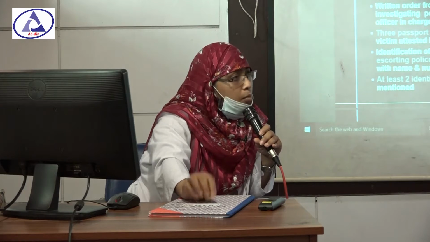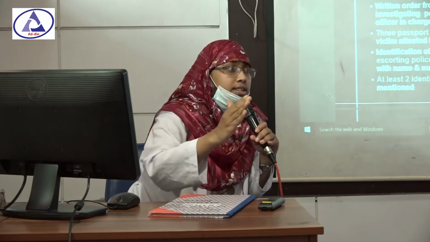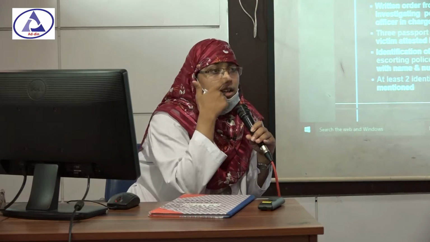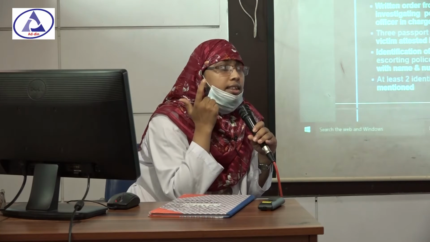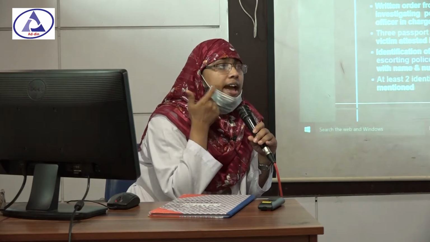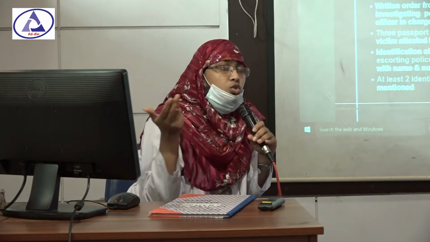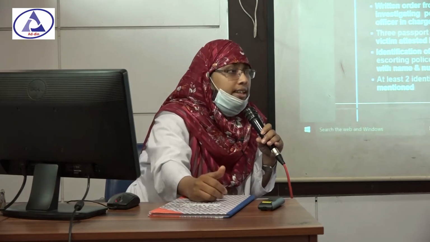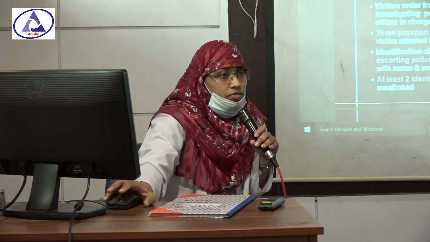For example, near the nose, in the left cheek or right cheek, near the angle of the mouth, half inch, 2 inch above or below. This is the procedure to dictate the mark of identification.